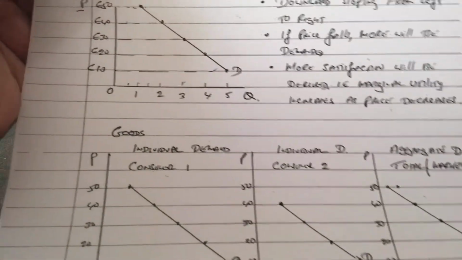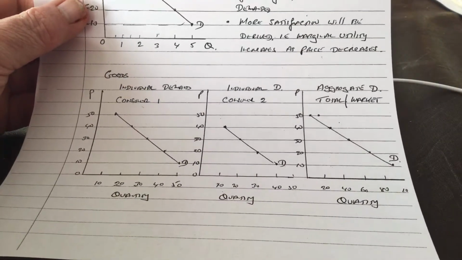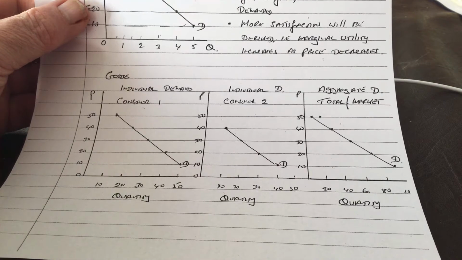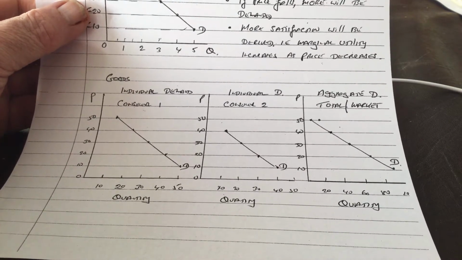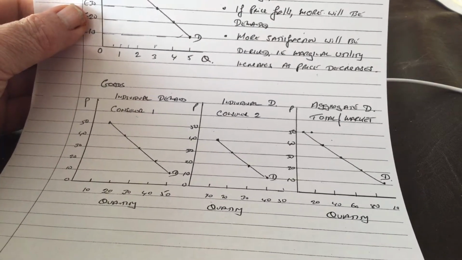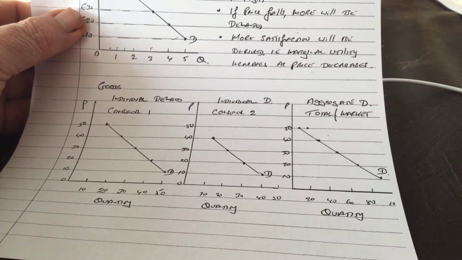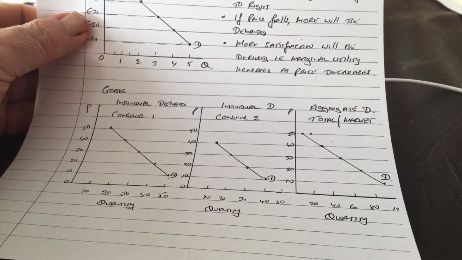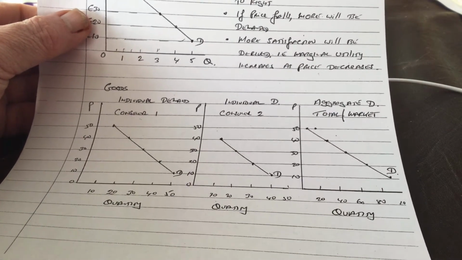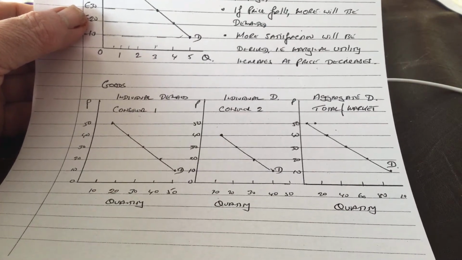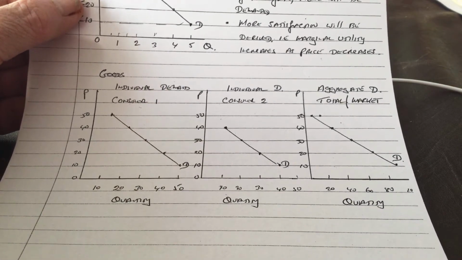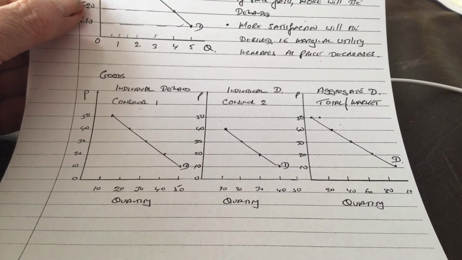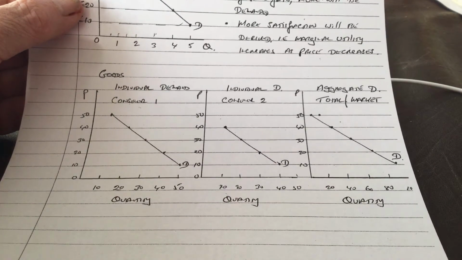Now let's have a look at the next three diagrams. Very interesting, in that we're going to look at individual demand of consumer 1 plus individual demand of consumer 2 is equal to the total demand of the market, assuming there are only two consumers in the market. So look at the diagrams there. For consumer 1, at €50, 10 is consumed, at €40, 20 is consumed.